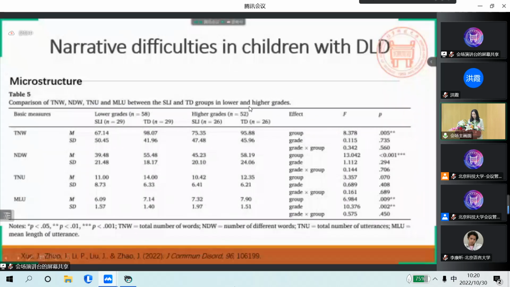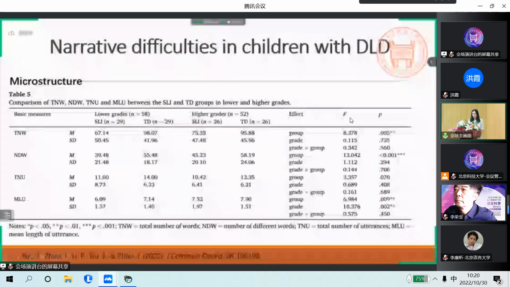According to this table, we found that the higher and lower grades differ between DLD and TD children. There is a main effect of group difference. That means TD children and DLD children are different.